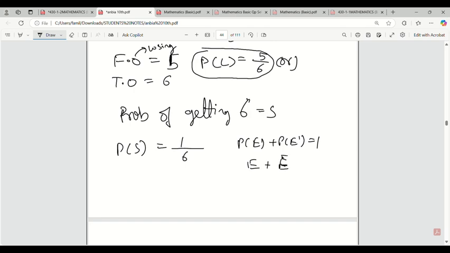Means the sum of these two will be 1. The event which is happening and the event which is against that. I hope you can find this formula in your reader at the last page of NCERT.